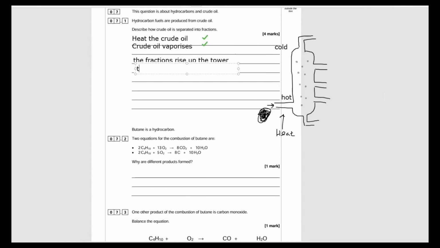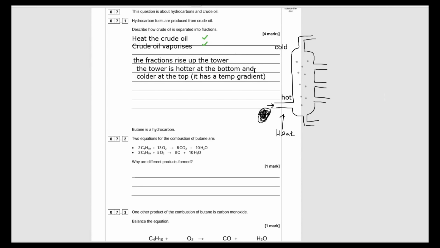So we can say the tower is hotter at the bottom and colder at the top. Now, it's quicker to describe this and say it has a temperature gradient. Now, I've used shorthand there. Don't use that in your exam.